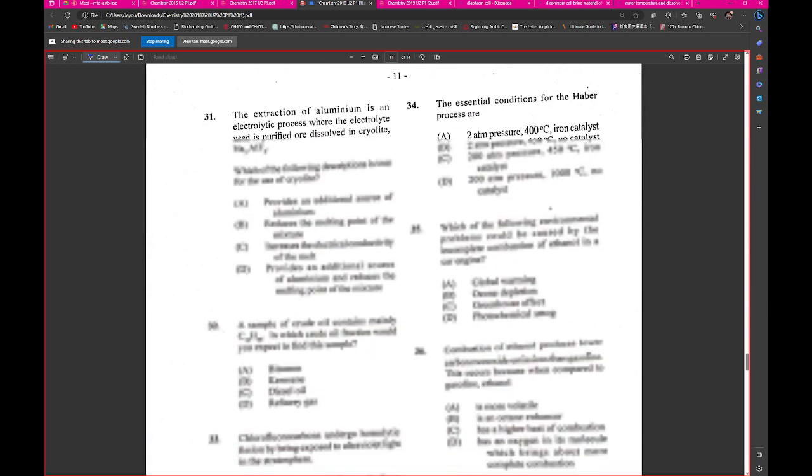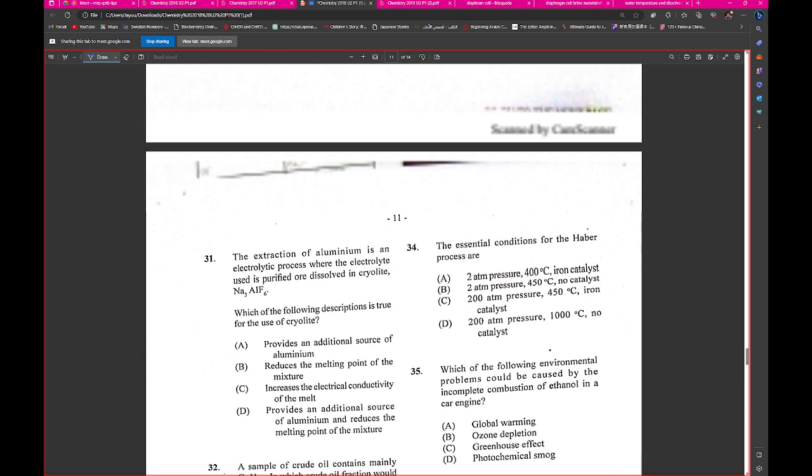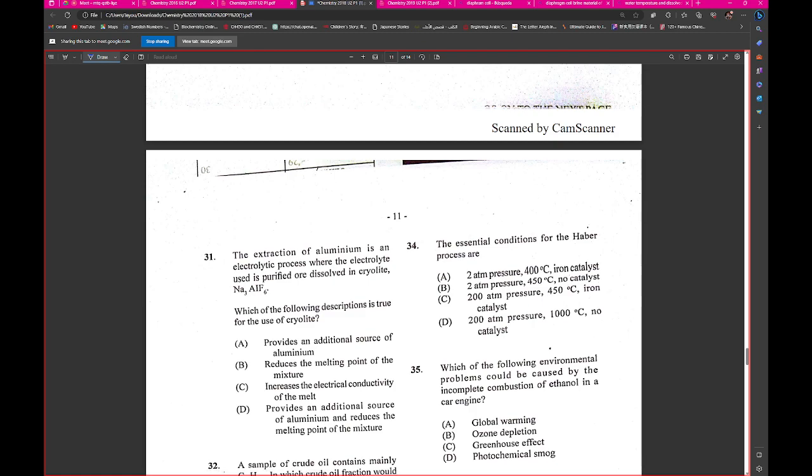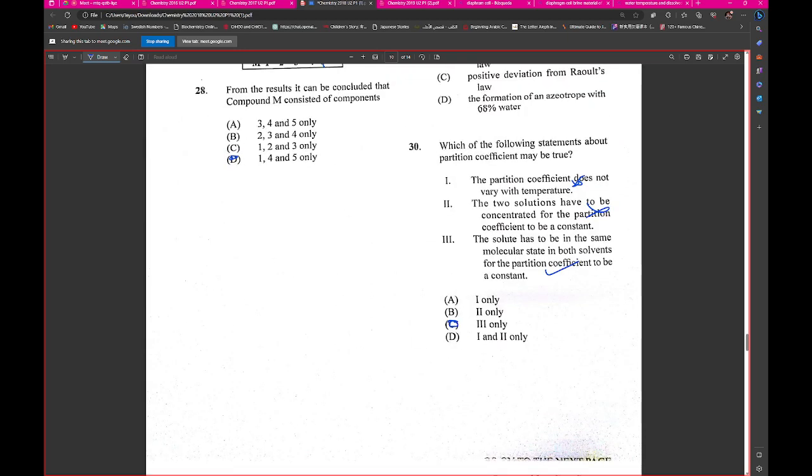Right. For this now, 31, the extraction of aluminum. Partition coefficient does not... Oh, it does vary with the temperature, right? Yeah. It should vary.